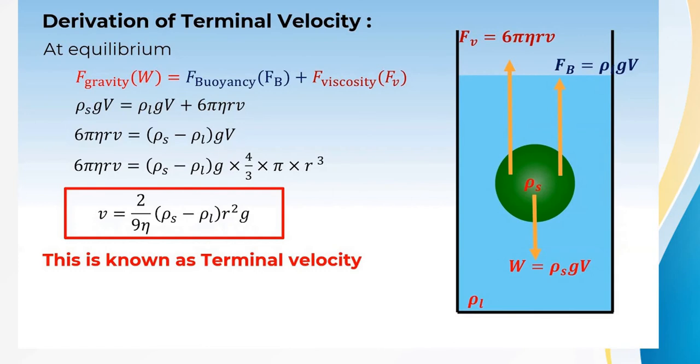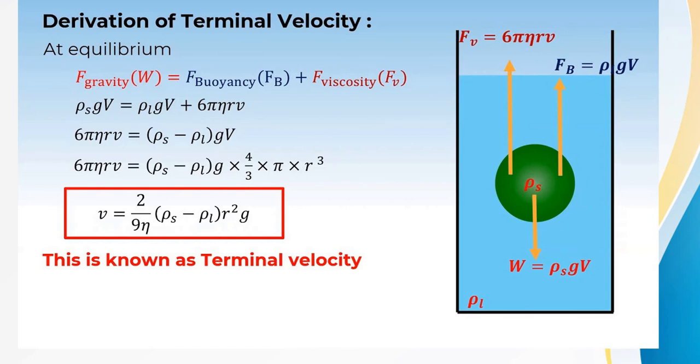There they consider rho as the density of the solid, or the sphere, and sigma as the density of the liquid. Either expression can be used according to your convenience, but whenever you are solving problems, keep this in mind. If you write rho minus sigma, remember rho is the density of the solid and sigma is the density of the liquid or fluid through which the sphere is falling.